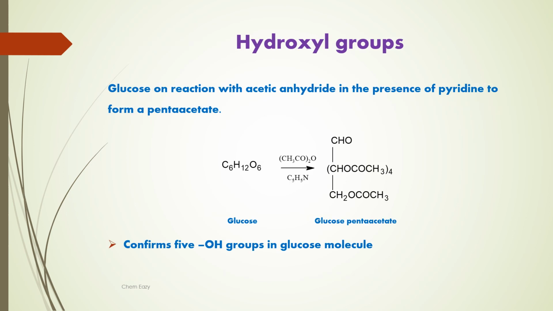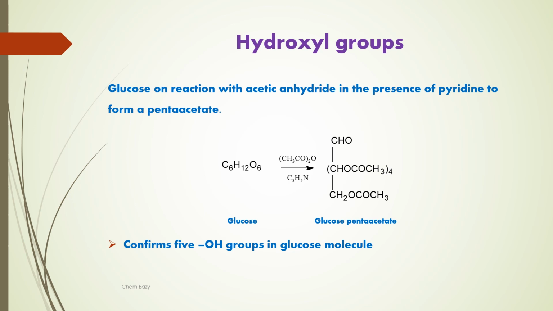When glucose is treated with acetic anhydride in the presence of pyridine, it produces glucose pentaacetate.